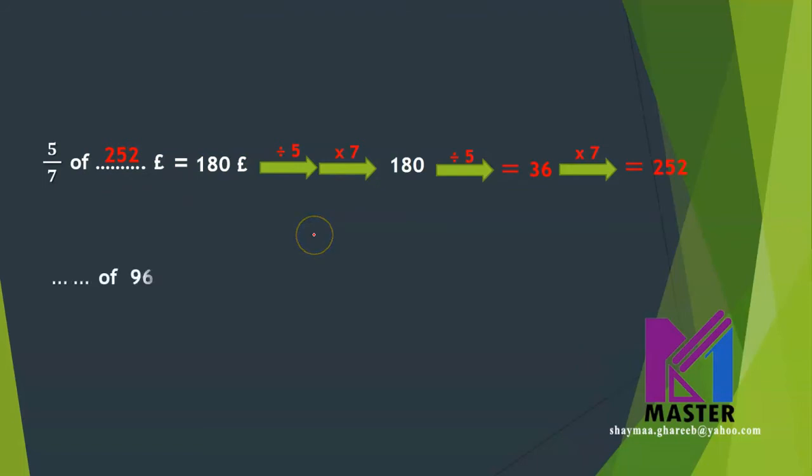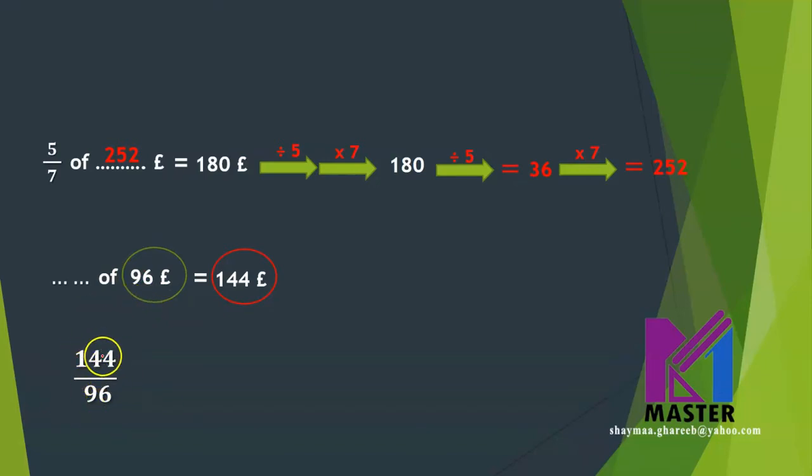Is this clear? Now, in this example, we have a missing fraction. When we have a missing fraction, we identify the total amount, and then we identify the answer. Then we write our fraction as answer over total amount, 144 over 96.